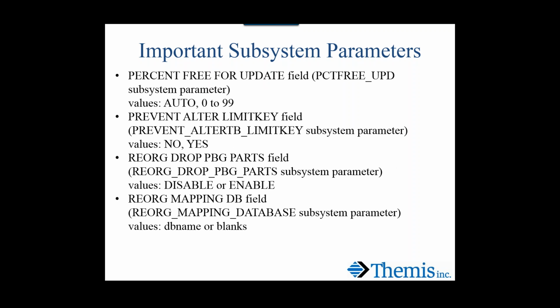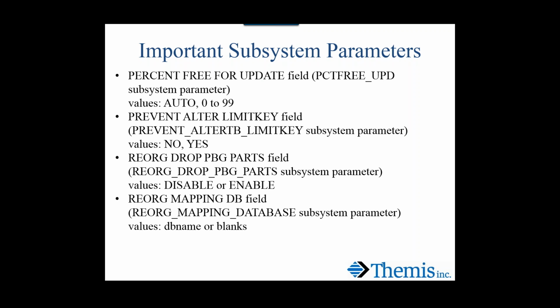Reorg drop PBG parts. This is an interesting one that says when I reorg a partition by growth table space, do I want to purge out any unused partitions? So if I have 5 partitions for my PBG and I reorg it and the data all fits into 3 now because we've deleted something, what do I do with those 2 empty ones?